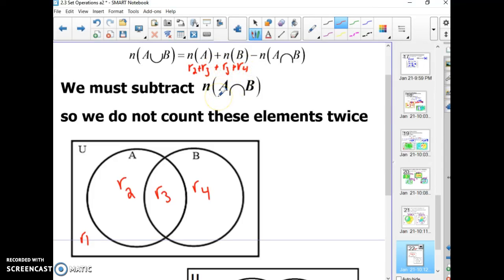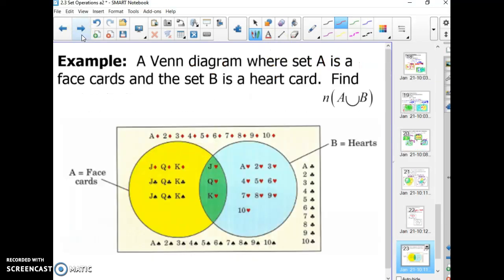But you have region 3 twice, so you need to minus region what? 3, which is that part. Or another way to think of it is region 2 plus region 3 plus region 4, which I prefer. And then it's going to be equal. So we do not count those elements twice.